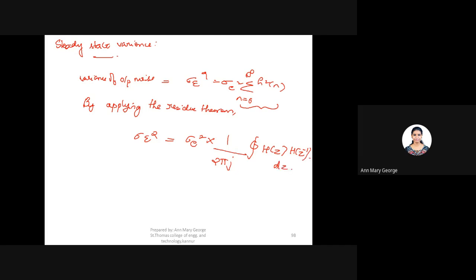Okay, after applying the residue theorem, you can substitute this much as this value.